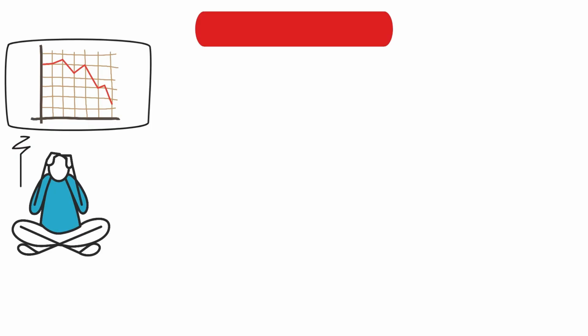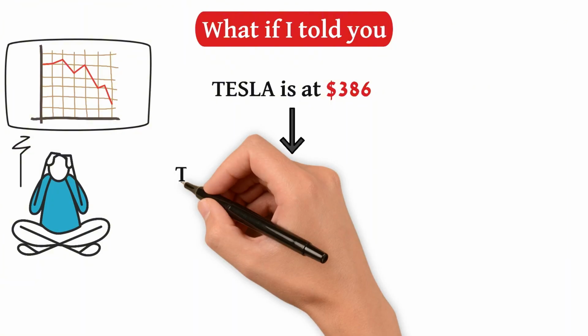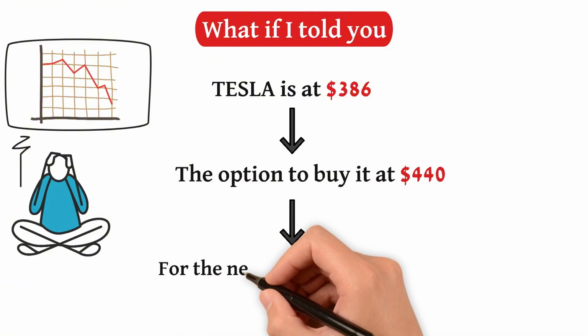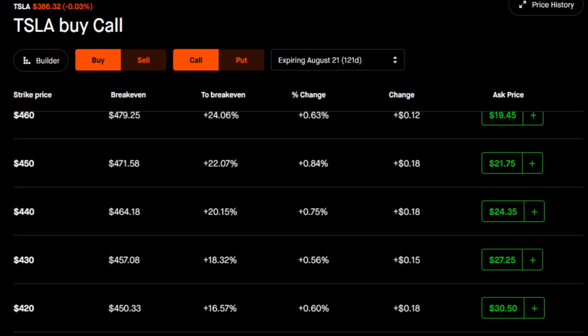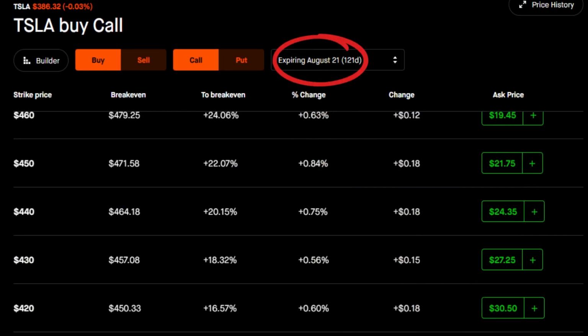But what if I told you Tesla is at $386 and I give you the option to buy it at $440 for the next 121 days or 4 months? It is much more appealing because you have more time for Tesla to go up. Let's look at this reference. Here on the top, you have the option to choose the duration date.